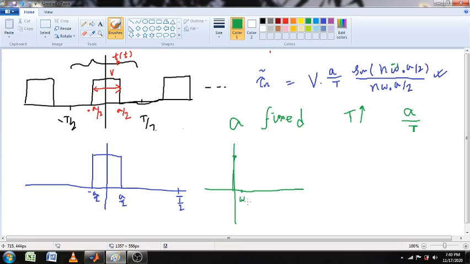Maybe at omega naught, which is my fundamental, maybe at twice omega naught. So these are my possibilities, and then 3 omega naught, then 4 omega naught. These are my possible frequencies, 5 and 6 and 7 and 8 and so forth. Maybe at omega naught it would be some value, maybe at 2 omega naught it would be 0, maybe at 3 omega naught it would have some value.